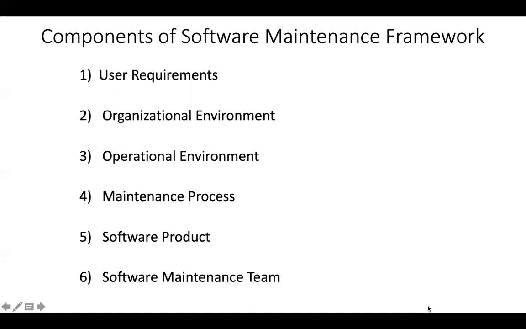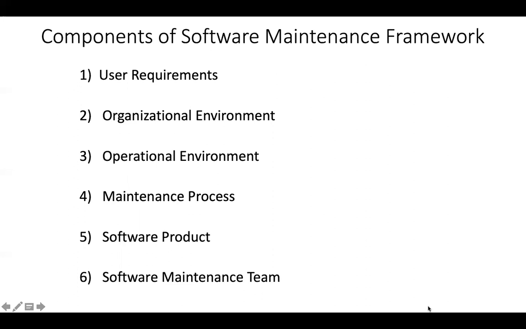All of them come under user requirements. Second is the organizational environment. Change in business policies and competition in market are the features. Operational environment: hardware platform and software specifications are its features. Maintenance process: variation in programming and working practices, capturing requirements, paradigm shift, error detection and correction. These are all the features of the maintenance process.